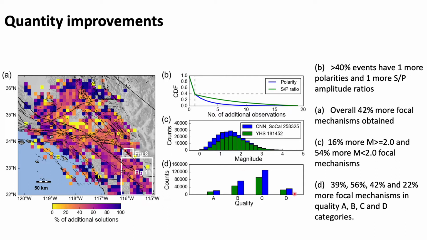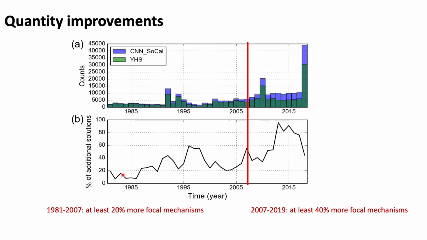Most of the improvements are from small magnitude events and quality B and C focal mechanisms. Before 2007, there were at least 20% more focal mechanisms obtained every year. After 2007, there were at least 40% more focal mechanisms obtained every year.